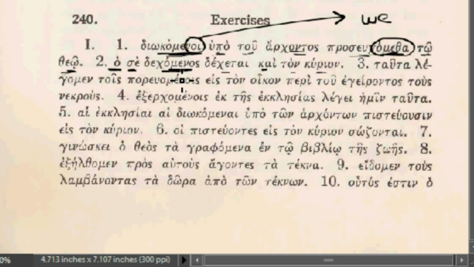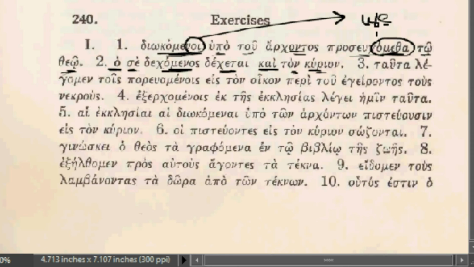This is a deponent verb, and so I've got the passive participle ending. The receiving you, one. You see, that's the attributive use here. Deketai, receives, third person singular. Kai, also. Ton kurion, the Lord. The one who receives you receives also the Lord.